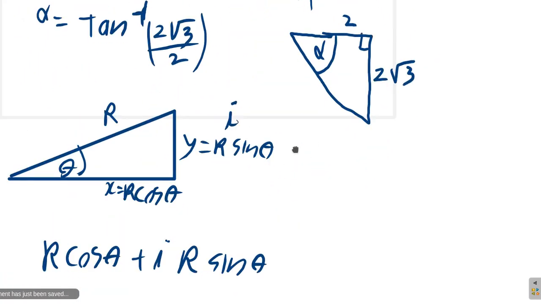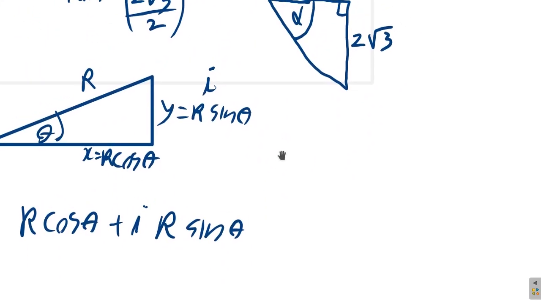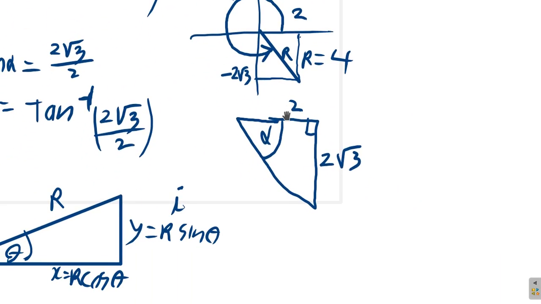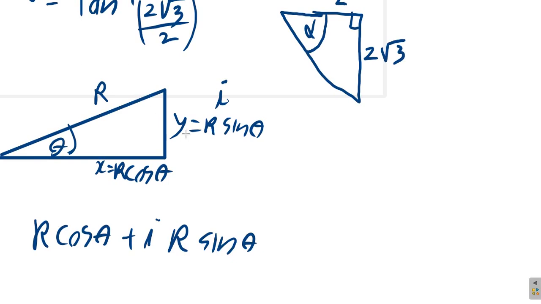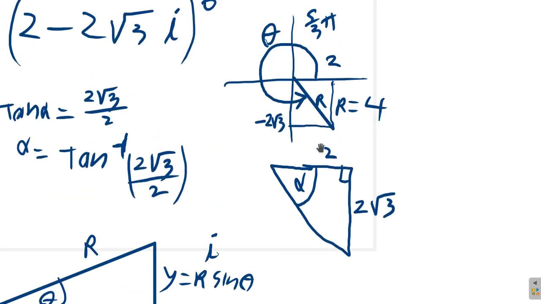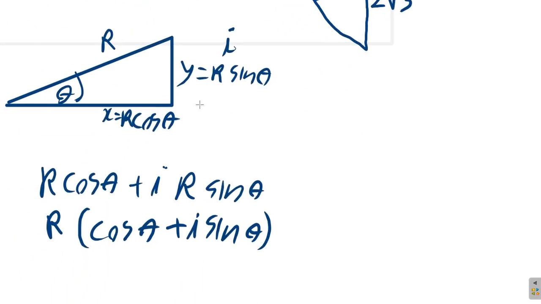So here now, what we really have is r. Oh, by the way, let's just factor out the r now: r times cos theta plus i sine theta. Looks a little bit neater that way. So here, our r is 4.